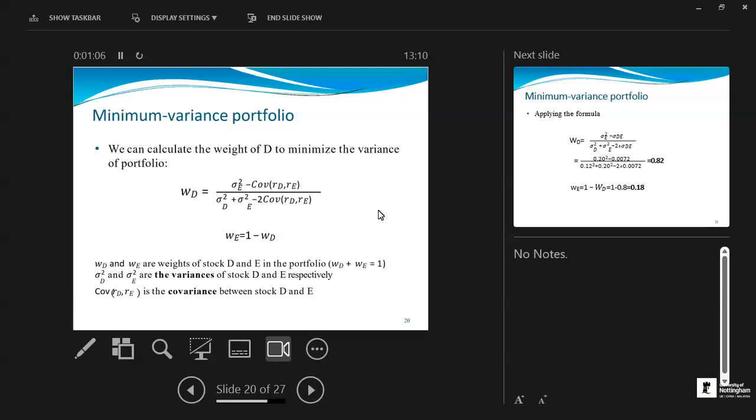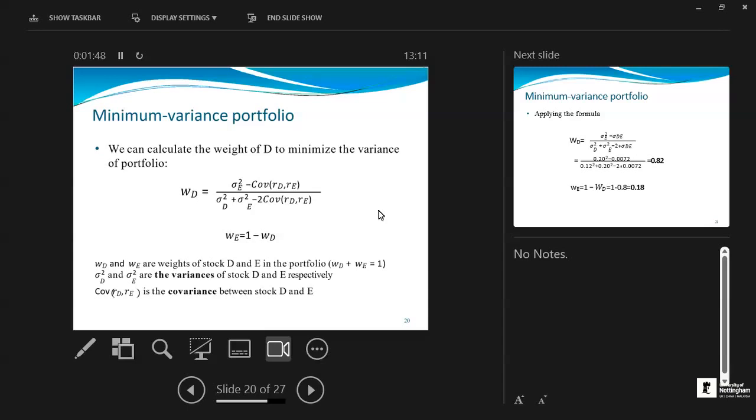We are trying to get to that minimum variance portfolio, but in order to achieve that, we need to decide how much of our investment should go in stock D and how much should go in stock E. So we are going to calculate the weight of investment we are going to put in stock D. And if we know how much we're going to put in stock D, the rest would go in stock E. So the weight in stock E is simply 1 minus whatever we are going to put in stock D.